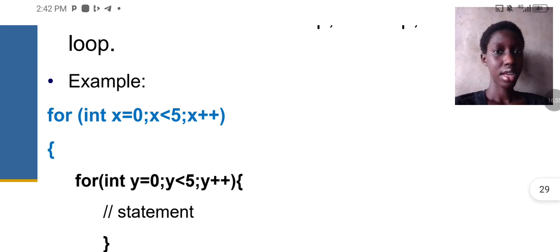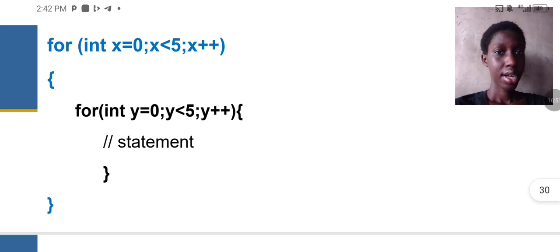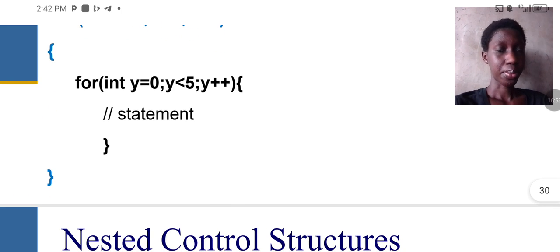We say for, then you give its initialization statement, condition, and update statement. Then inside of that loop, we can bring another for loop and ask the compiler to execute a statement.